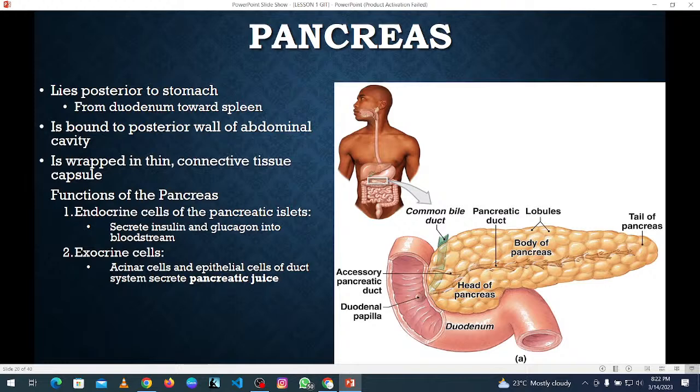As we saw yesterday, in the stomach we have two types of cells. It's the same for most organs in our body. We normally have these two types of cells: the endocrine cells and the exocrine cells. The endocrine cell is more of a gland, and I explained what a gland is.